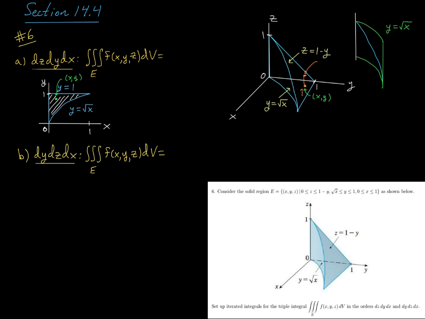So z will vary from 0 up to the height on this plane, z equals 1 minus y, so these will be our bounds. Okay, so for our integral, we're integrating our function f, and we're specifying the bounds for z. z goes from 0 to the plane when z is 1 minus y.